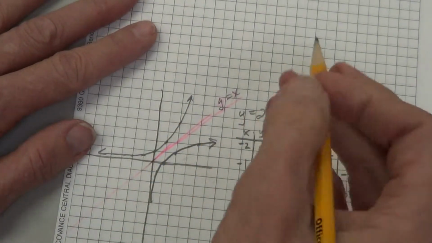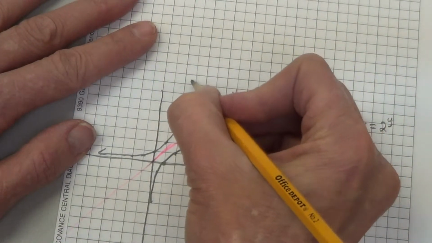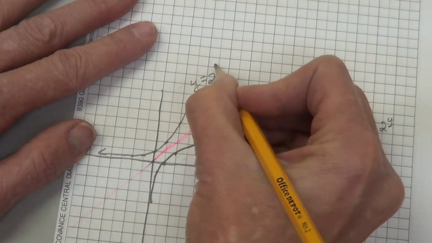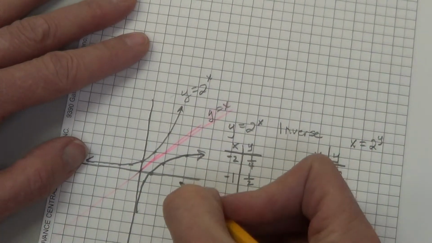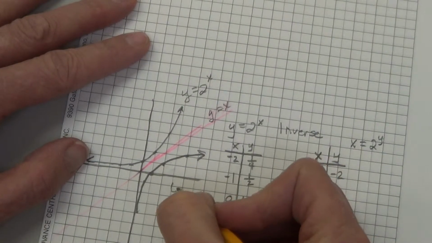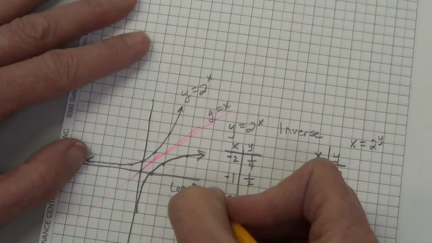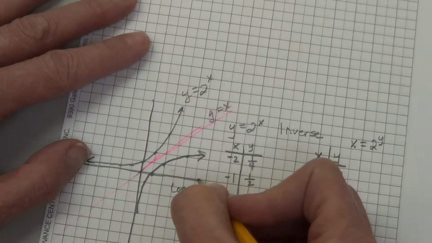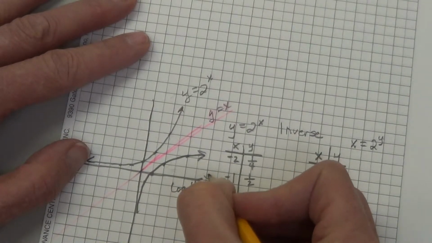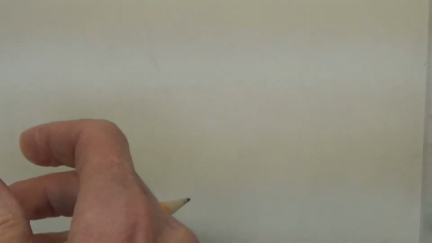Okay, now to show you the equation of this, this would be y equals 2 to the x, and this other one would be log base 2, let me think this through, y equals x. Okay? So that kind of gives you an idea of what the inverse of an exponent is.